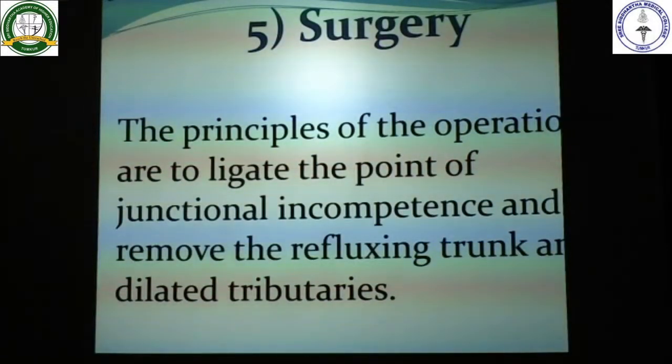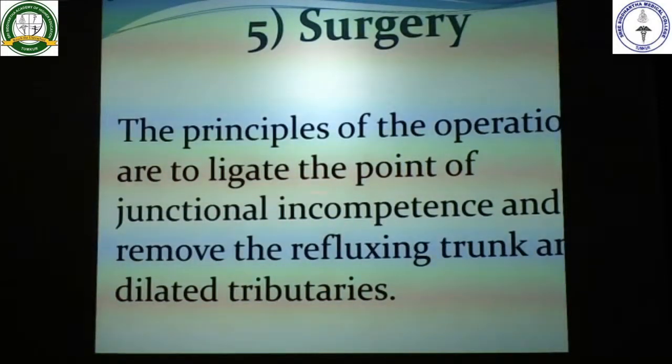Coming to the surgery. The principles of surgery are to ligate the point of junctional incompetence and to remove the refluxing trunk and the dilated tributaries. Okay, this is the principle of the surgery. There are plenty of surgeries, but the principle is the same.